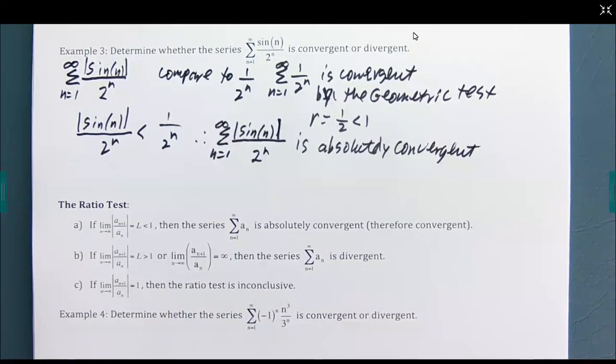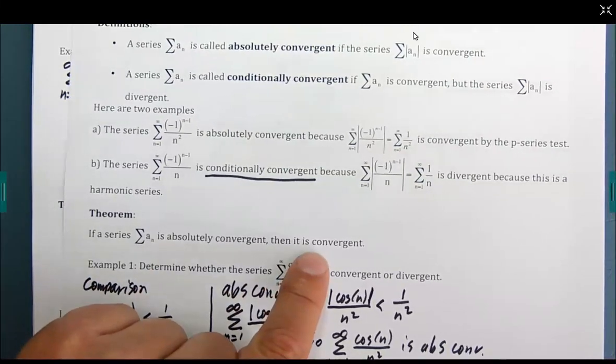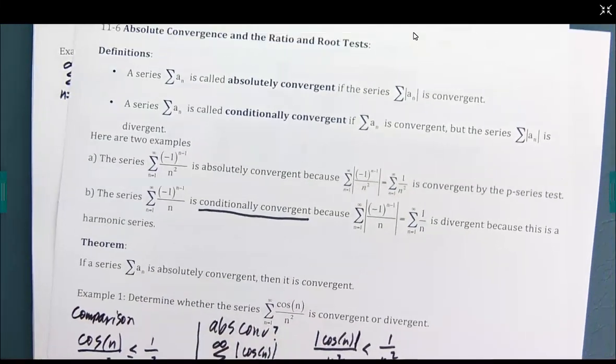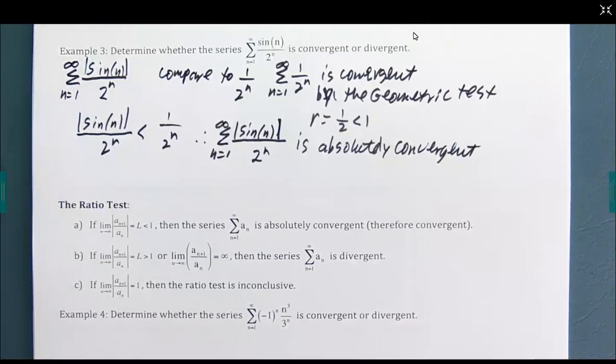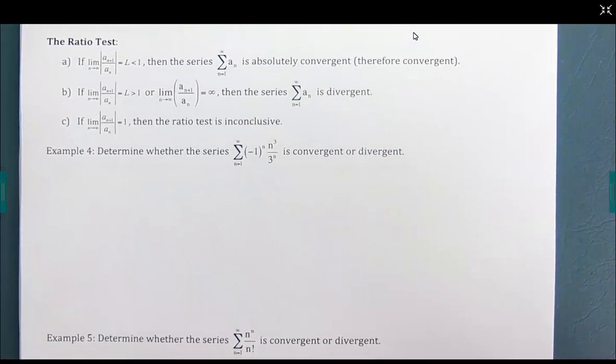All right, let's go back to our theorem that if something is absolutely convergent, then the whole series is convergent as well. That brings us to our first and a very important test, one that we're going to use quite a bit in the next several very important lessons. The ratio test.